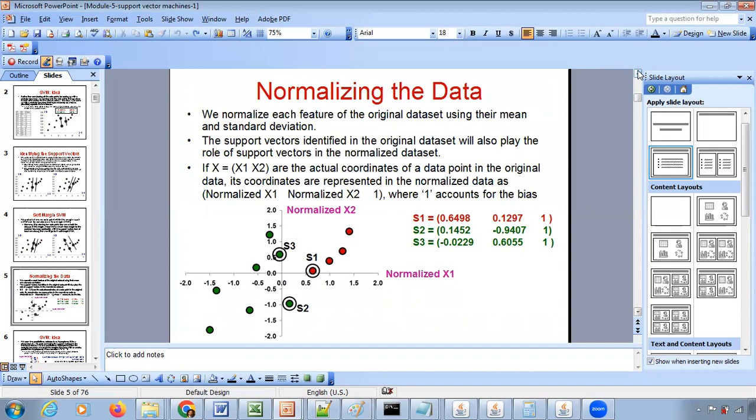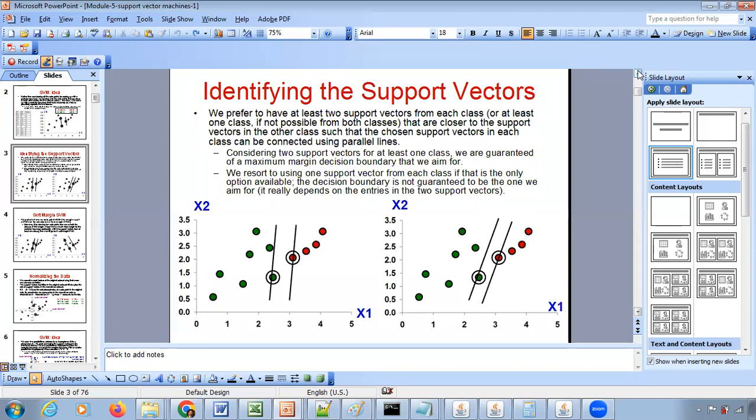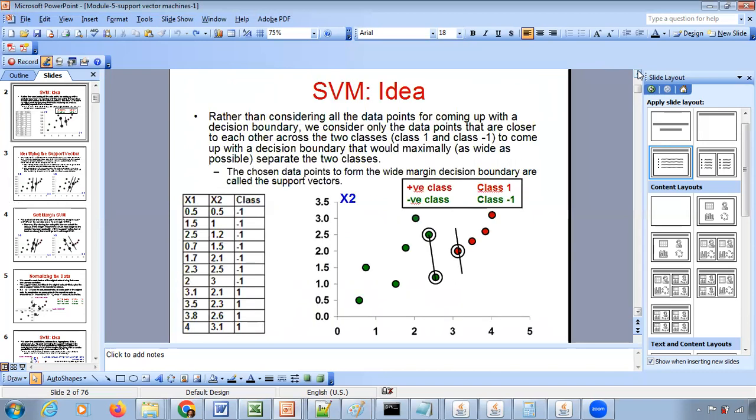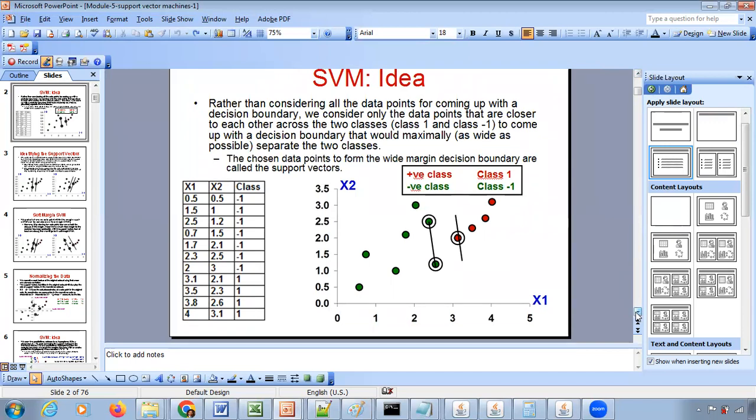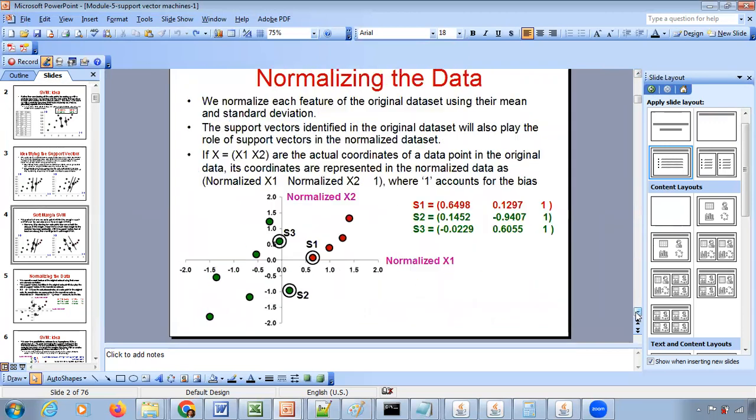The first thing we'll do as part of the math process with support vector machines is, given the raw data set, or I'll call this the actual data set, we visualize it like this and identify the support vectors, such that the margin of the decision boundary is as maximum as possible.